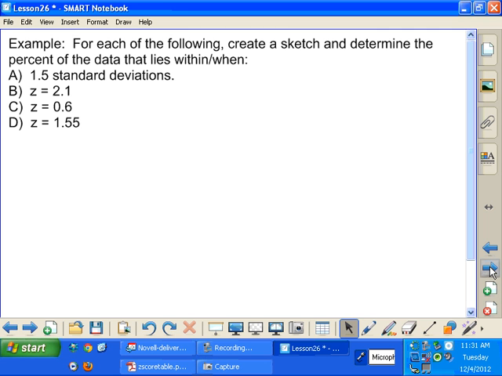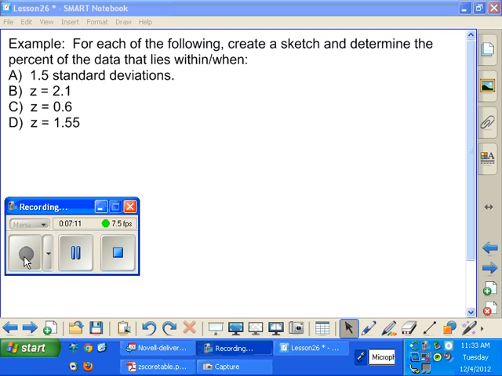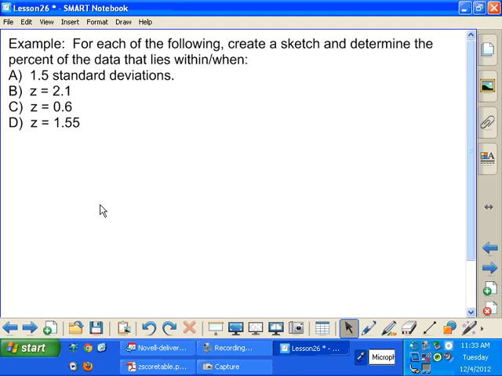So for A, 1.5 standard deviations, we know that one standard deviation gives us 68% of the information, the probability, whatever we're dealing with here. It's generic at this point.